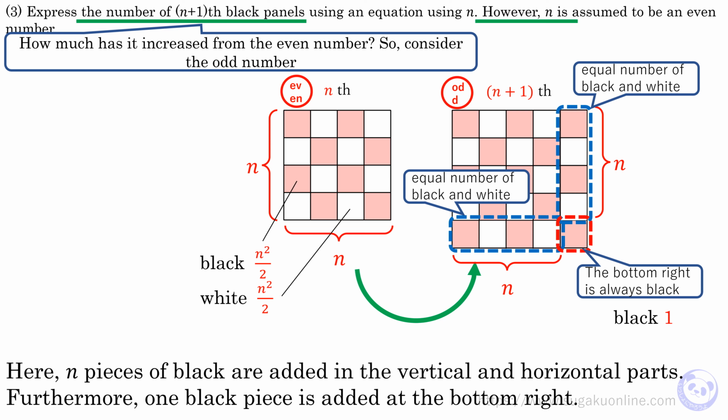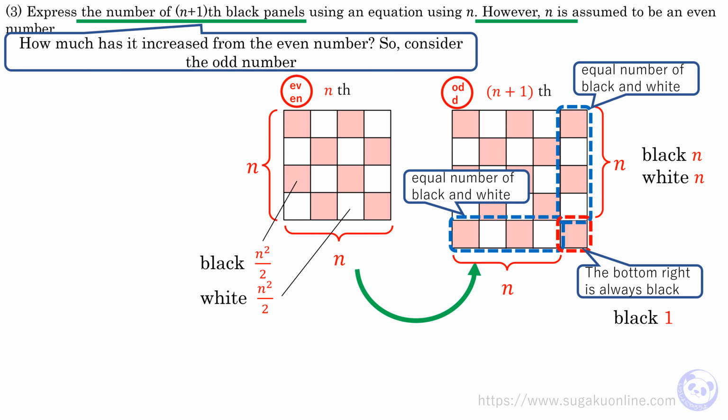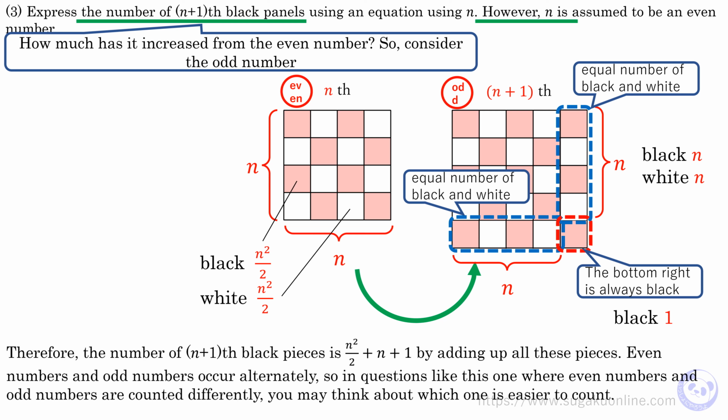Furthermore, 1 black piece is added at the bottom right. So the n plus 1th number of black pieces is n squared over 2 plus n plus 1. Even numbers and odd numbers occur alternately, so in questions like this one where even numbers and odd numbers are counted differently, you may think about which one is easier to count.